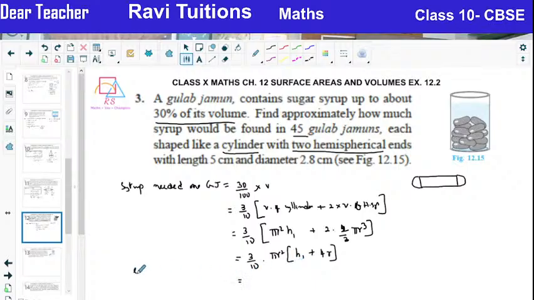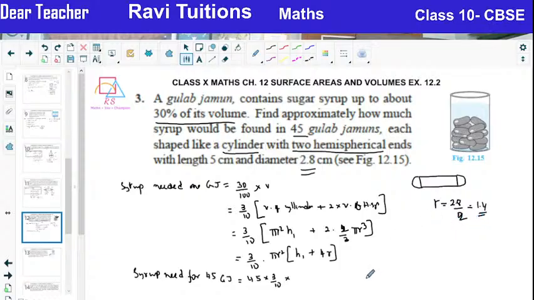So now syrup needed for 45 gulab jamuns. So 45 into 3 by 10 into pi. I'll write like that only. Diameter is 2.8, so radius is 2.8 by 2, 1.4, because it is a multiple of 7.